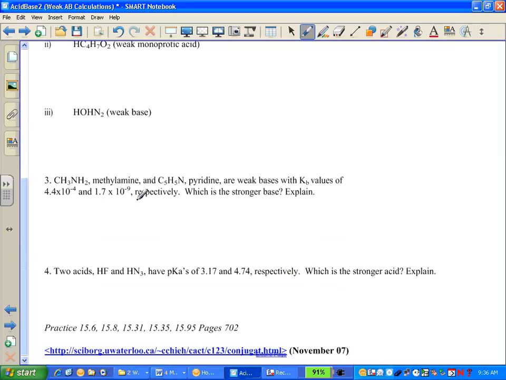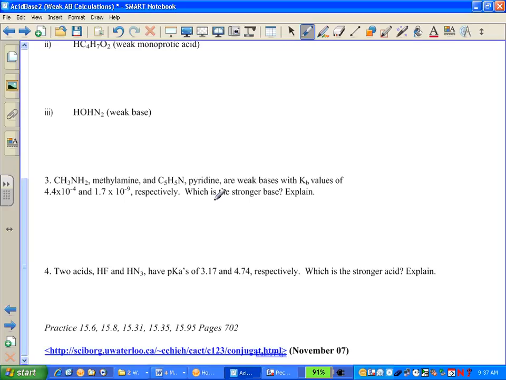In question number 3, it compares methylamine and pyridine, and it gives the Kb values of 4.4 times 10 to the negative 4 and 1.7 times 10 to the negative 9, respectively. And it's asking which is the stronger base. So as you know, the strength is related to the extent of the reaction.